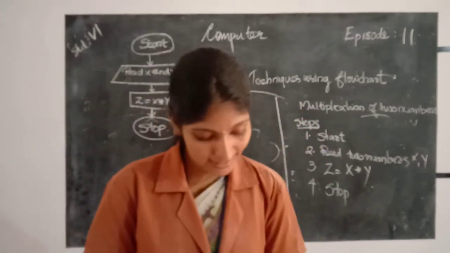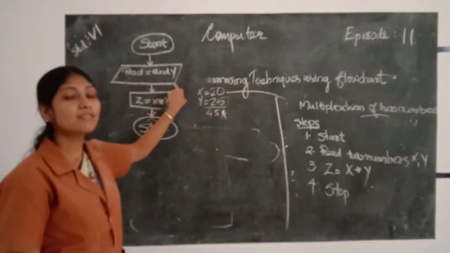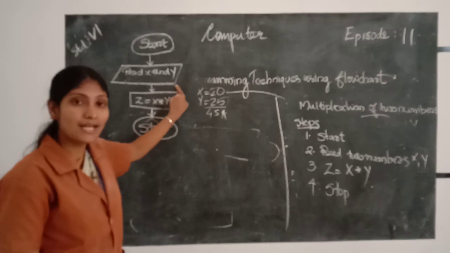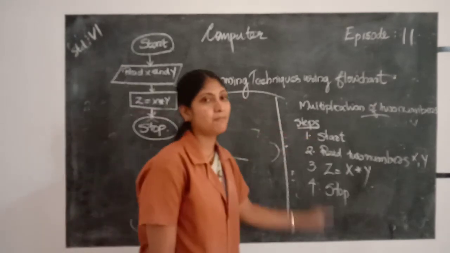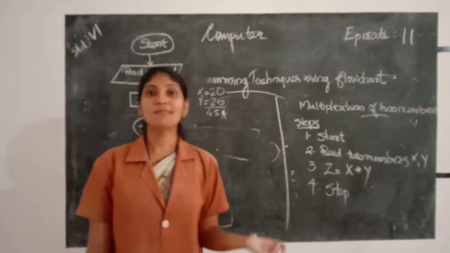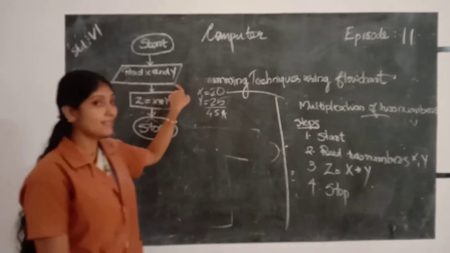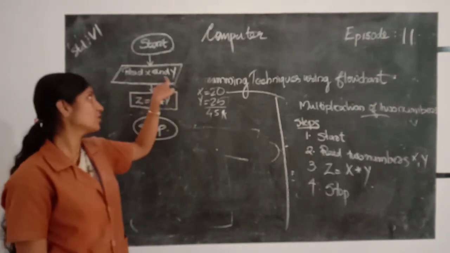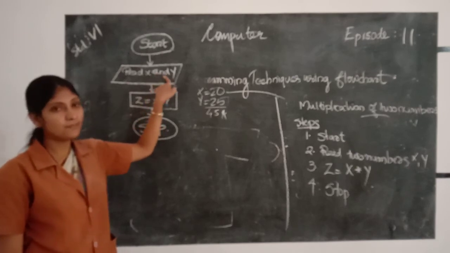And the second one is the input or output box, which is used to write the reading statements and the printing statements, like read two numbers or accept two numbers, etc. To accept the input data or to display the data, you have to write these statements in the input or output box.